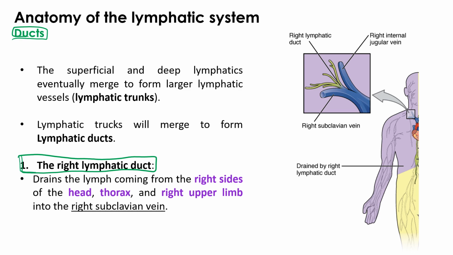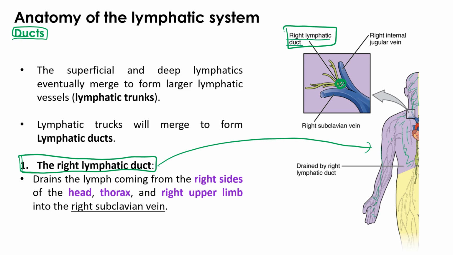If you look at this picture, it's color-based. Notice all this purple part of the body represents all the lymph that is collected by the tissues, of course capillaries, lymphatic vessels, and then trunks, and eventually all of it will merge or drain into a single large structure called the right lymphatic duct.